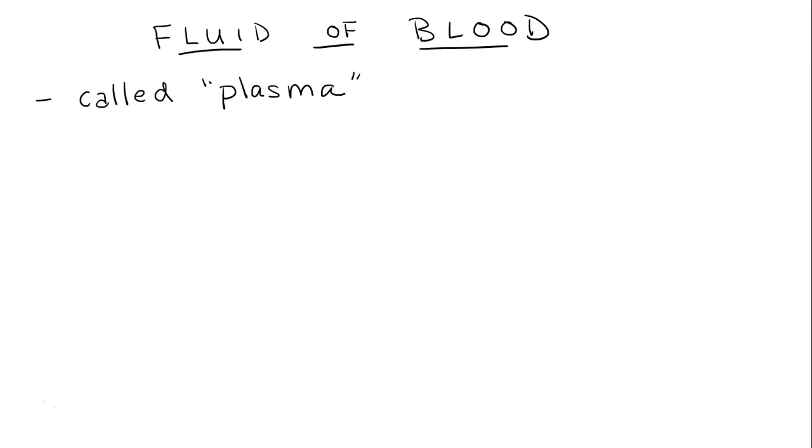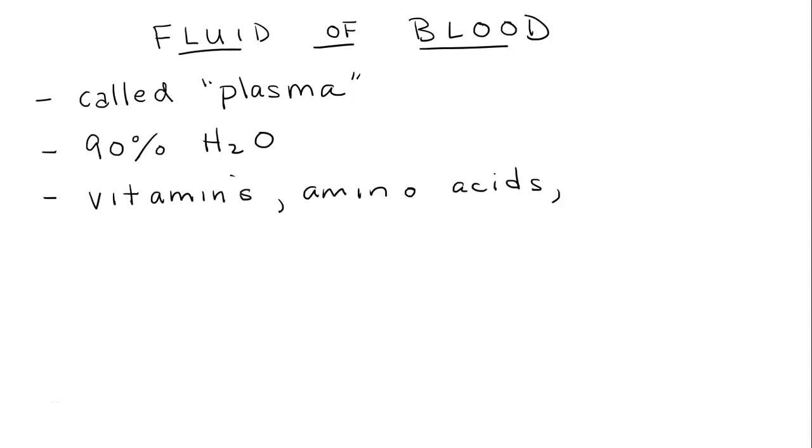Let's focus now on the fluid of the blood. Another name for the fluid of the blood is plasma. And plasma is really about 90% water, but it also contains things that came through digestion, such as vitamins and amino acids, glucose.